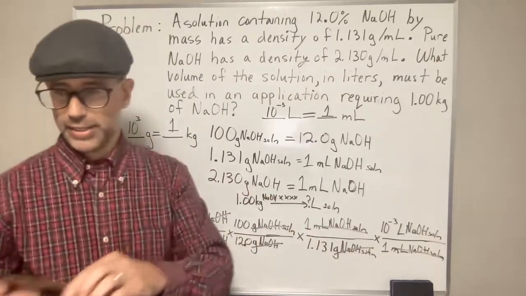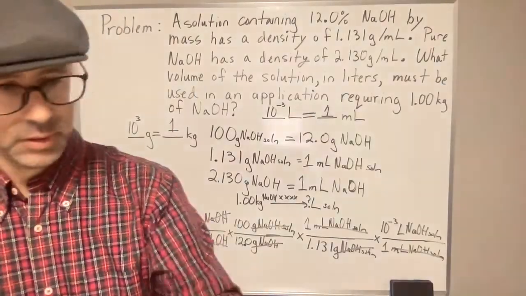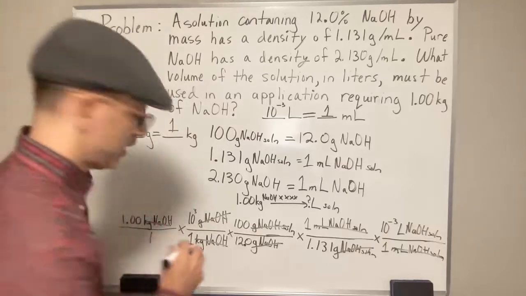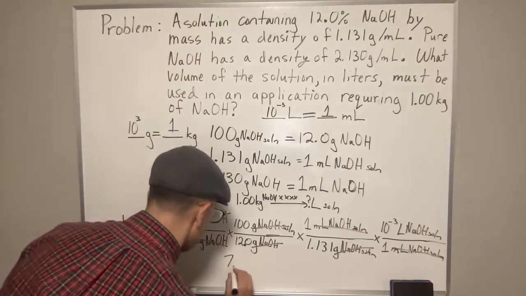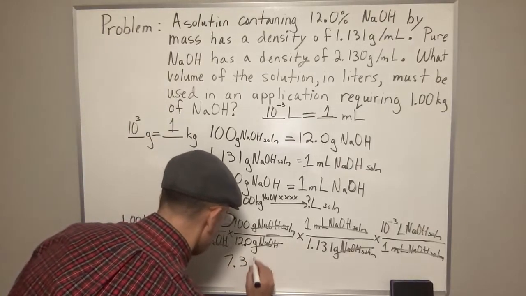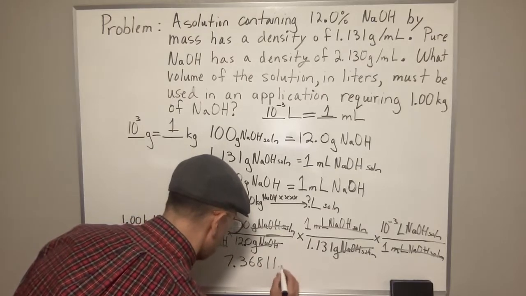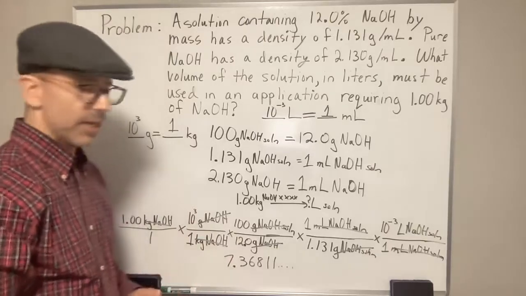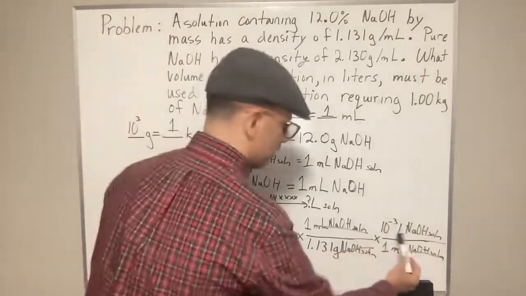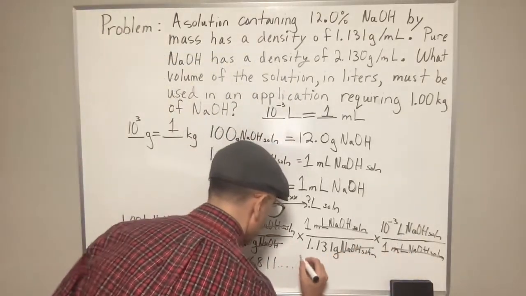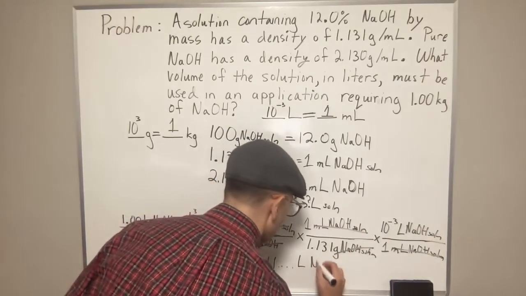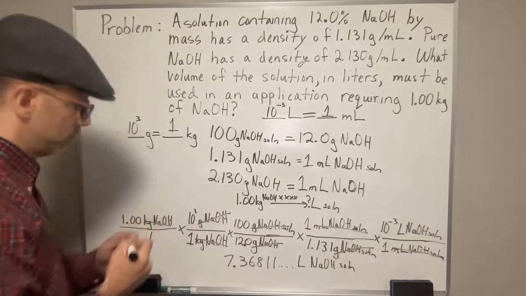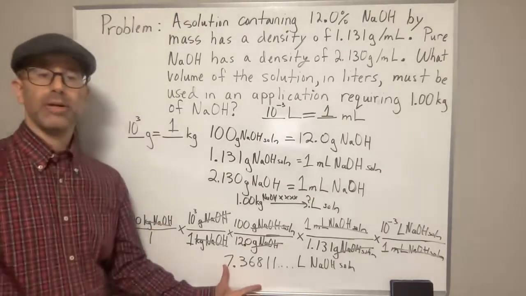And so my answer is 7.36811 dot dot dot. So it keeps going. And oh, by the way, this has to be liters. So liters of NaOH solution. Okay, great. We got our answer.